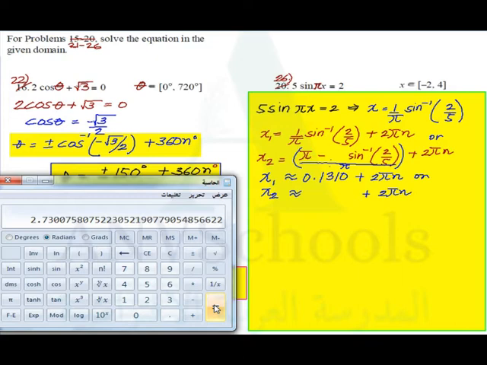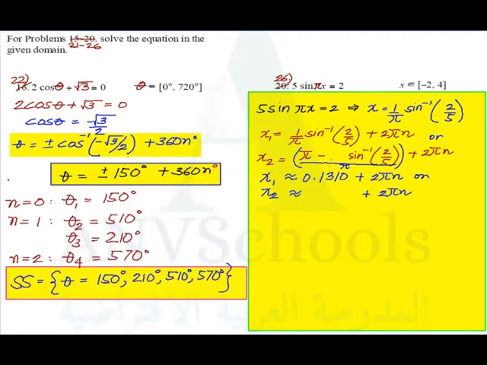So divided by pi, that would be 0.8690 plus 2 pi n.